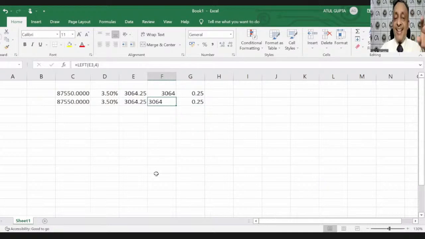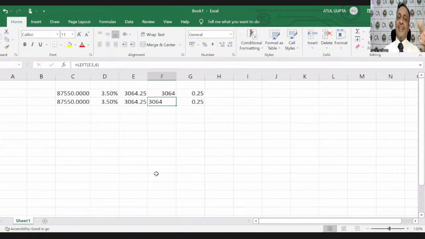He has used a command called left, picked the 4 digits, 3064, and the balance 0.25. So if you look at round down and salami, the resultant value loss may be the same, but because the logic is different, you give it a different name.